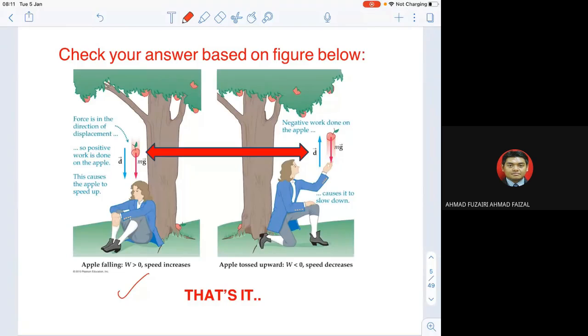We can say that the force is in the direction of the displacement. What is the meaning of the force being in the direction of the displacement? So positive work is done on the apple, and this causes the apple to speed up.